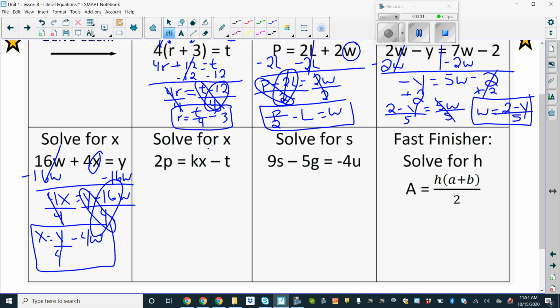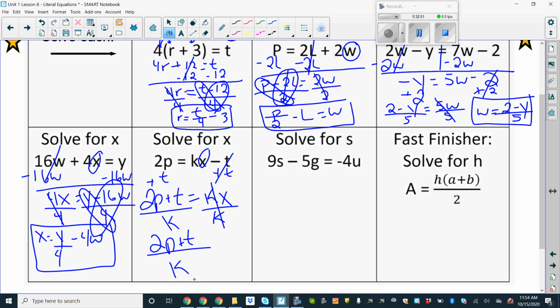For the next one, we have to solve for x. So we have this negative t, we have to add t on both sides, and we're left with 2p plus t equals kx. We have to divide by k, and (2p plus t) divided by k equals x. Here we're solving for s. So we need to move this negative 5g over by adding 5g to both sides.